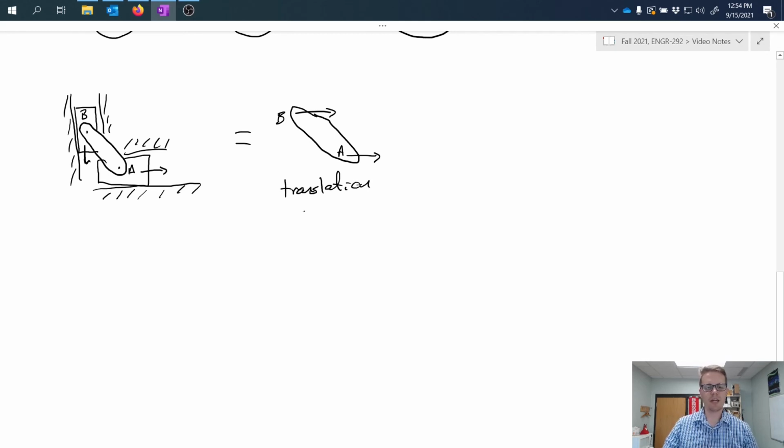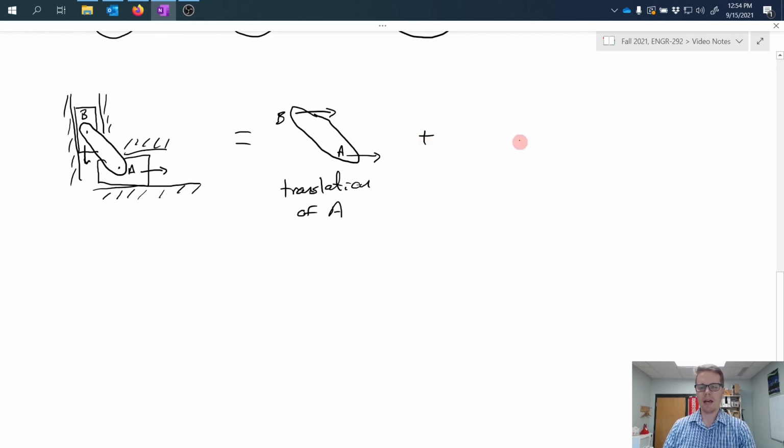So I would call this a translation of point A. So if I slide this linkage shown right here to the right, of course we know that point B cannot move to the right because it's constrained to be within this slot. So for this to be true, after I've in an imaginary sense slid this linkage to the right, I have to rotate B down in order to bring it back into alignment with the center of that slot.